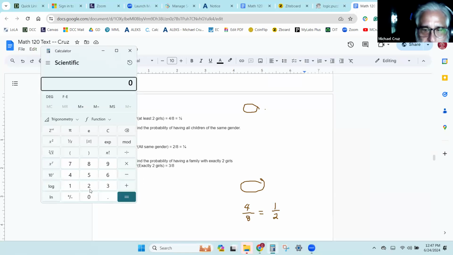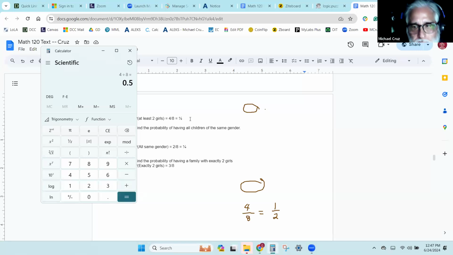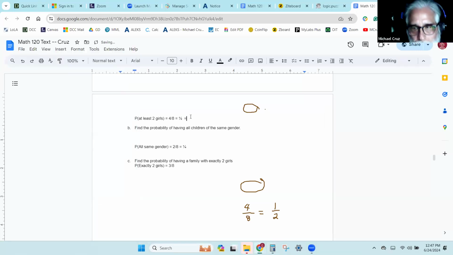So if we wanted to do the decimal, then 1 divided by 2 would be the same thing as 4 divided by 8, so this would be 0.5. Oh, I'm sorry. It was this one we were doing, 2/8.